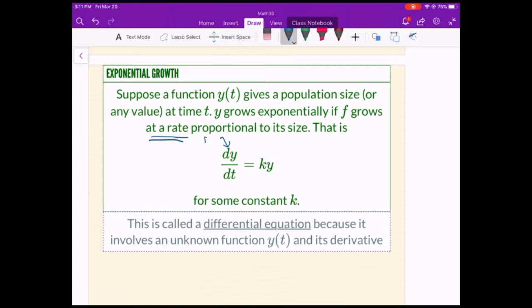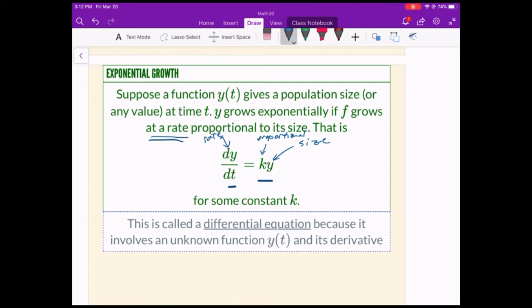So here is the rate, y is its size at any time t, and the k tells us that it's proportional to its size. So the rate it's growing is proportional to its size.